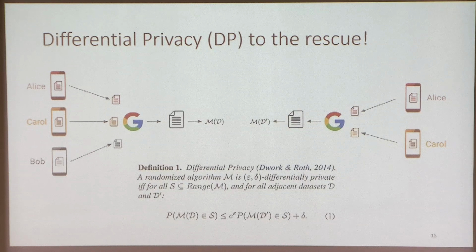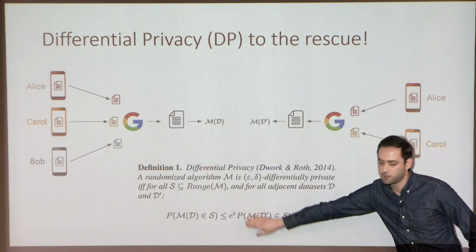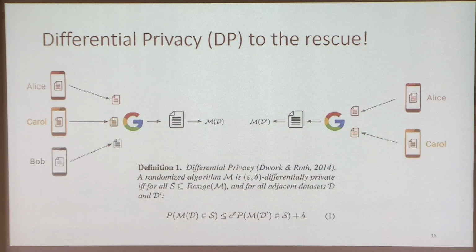There's absolutely no agreement on these things, but these are just a rule of thumb. So think of delta in practice as 10 to the negative 6 or 10 to the negative 7 for practical data set sizes, and epsilon anywhere between, let's say, 1 and 10 or something like that.